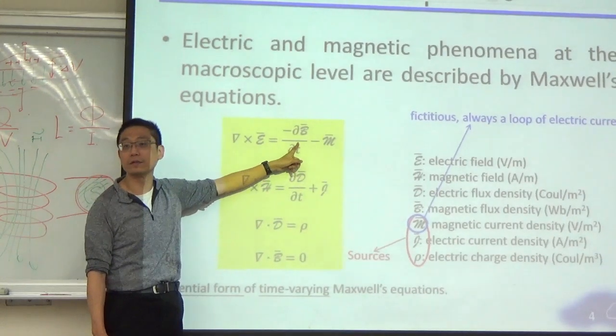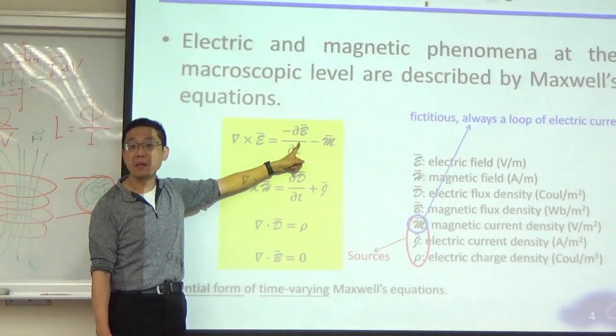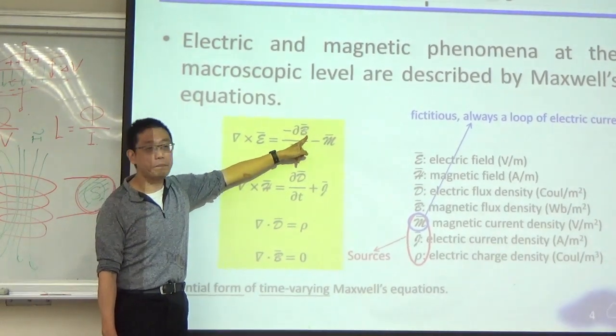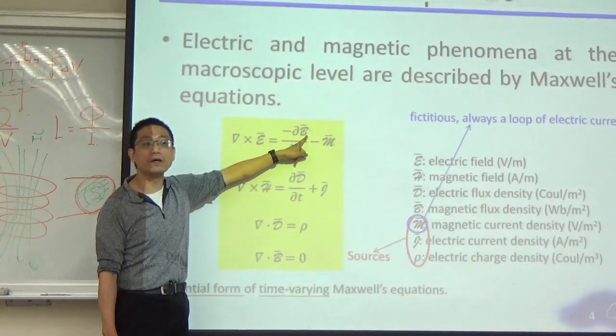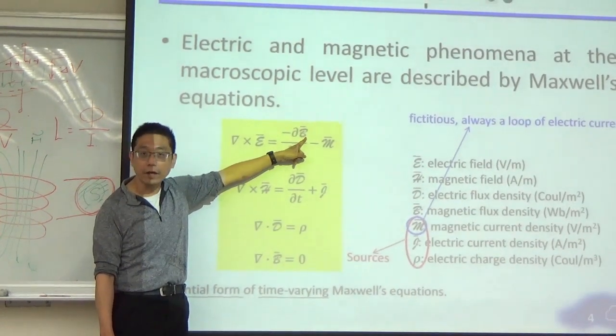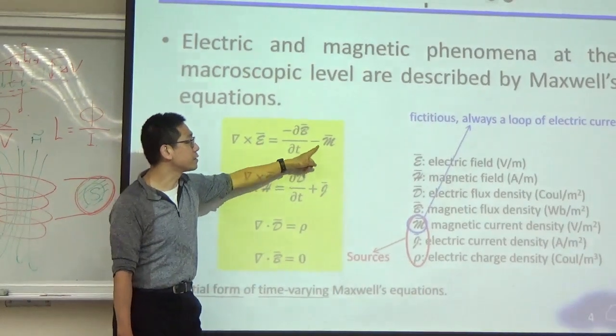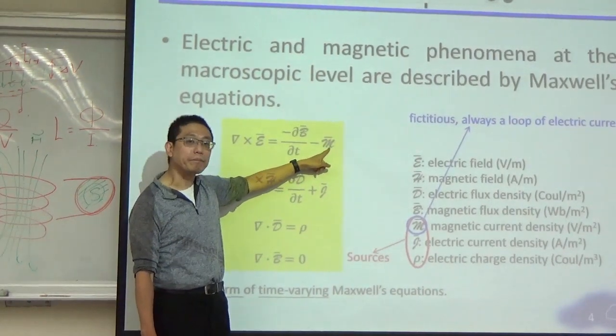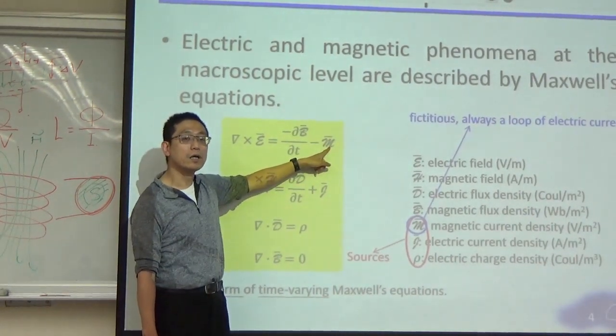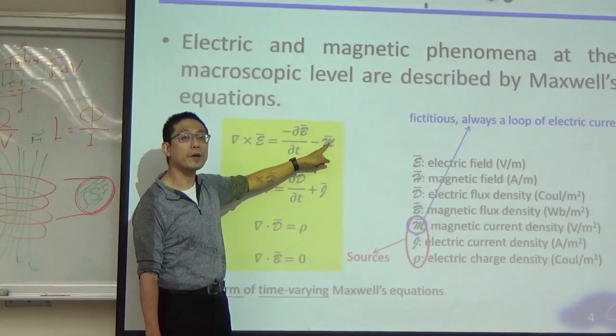You learned calculus. Which means your B is also a function of time. Minus capital M. Still the spatial form, capital M.